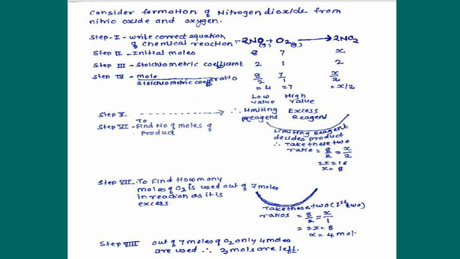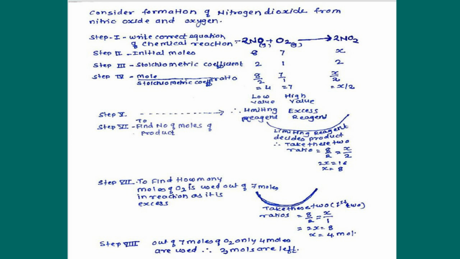Step 6. To calculate number of moles of product NO2. Here, to calculate the number of moles of product NO2, that is nitrogen dioxide, we have to take two ratios. Ratio of nitric oxide and ratio of nitrogen dioxide. Why here do we have to take the ratio of nitric oxide? Because nitric oxide is the limiting reagent.